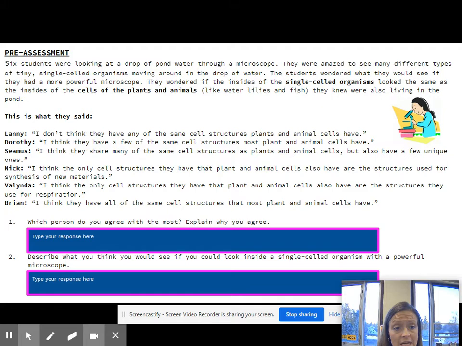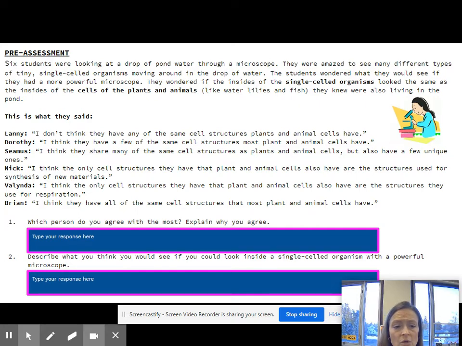Nick says, I think the only cell structures that they have that plant and animal cells also have are the structures used for synthesis of new materials. Belinda says, I think the only cell structures they have that plant and animal cells also have are the structures they use for respiration. Brian says, I think they have all the same cell structures that most plant and animal cells have.